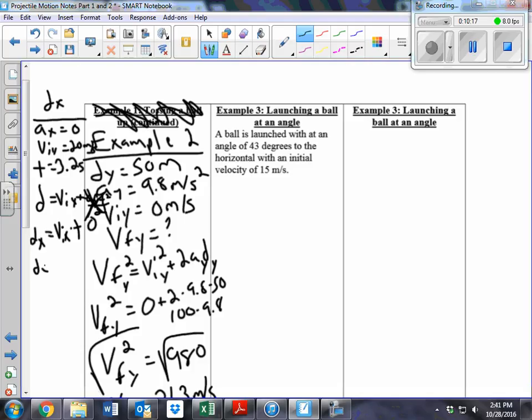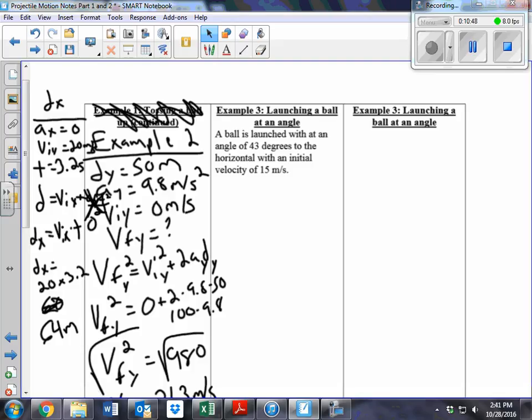So the distance in the x is literally just 20 times 3.2, which equals what? 60.4, right? Am I doing my math in my head right? 3.2 times 20. 3.2 times 20 is 64, excuse me, not 60.4. So the distance in the x is 64 meters. So it goes 64 meters from the edge of that cliff.